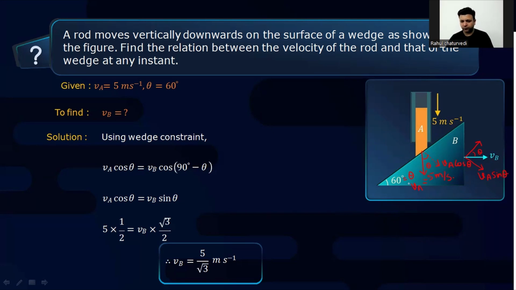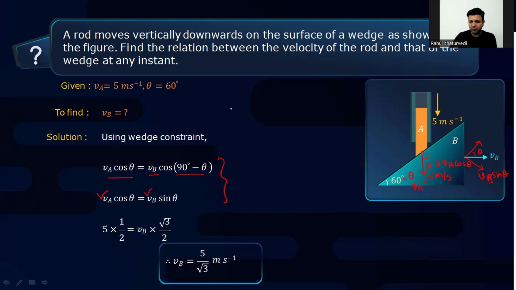So here we can say that VA cos theta will be equal to VB sin theta. Or you can also write it as VB cos(90 minus theta). So the value will be the same. So VA cos theta will be equal to VB sin theta.